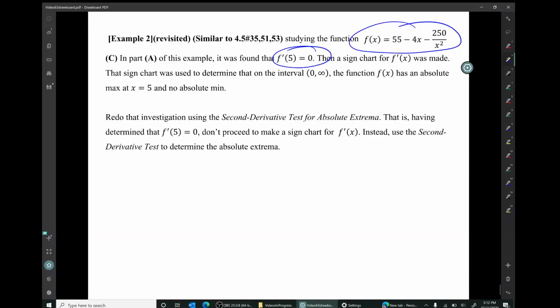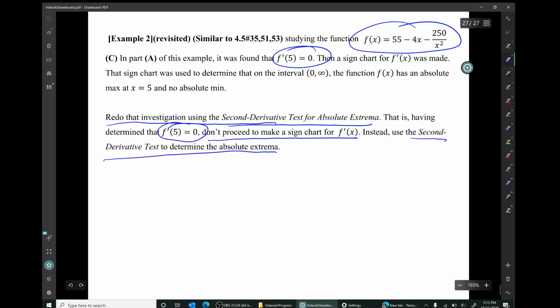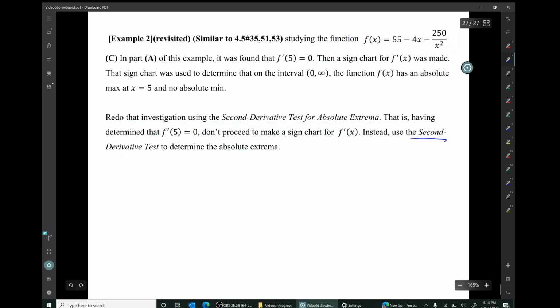Well, what I want to do here is redo that investigation using the second derivative test. That is, having determined that f prime parentheses 5 is equal to 0, don't proceed to make a sign chart. Instead, use the second derivative test to determine the absolute extrema. So remember our results.